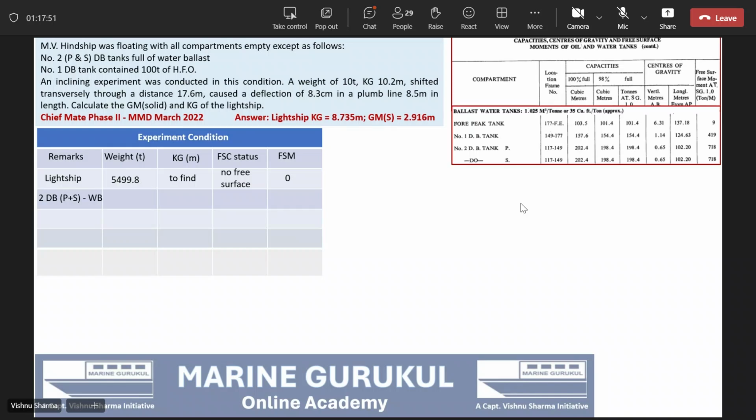See from here, guys. If 2 DB port and starboard are full of water ballast, can you use your calculator and give me the weight of the water ballast in both the two tanks combined? It's here on the screen on display. You just have to use the calculator. 404.8 will be 100% cubic capacity, but I'm asking the weight of the water ballast.